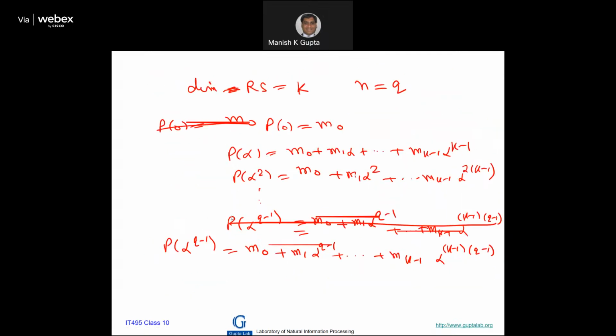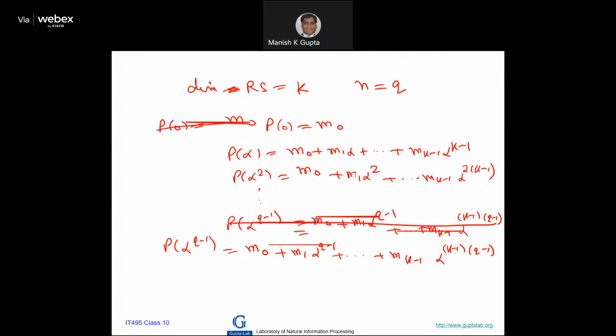Out of these Q equations, I have shown you one set of K equations. If T bits are corrupted, I can take any K equations out of the Q equations. So how many choices are there? Q choose K such possibilities.